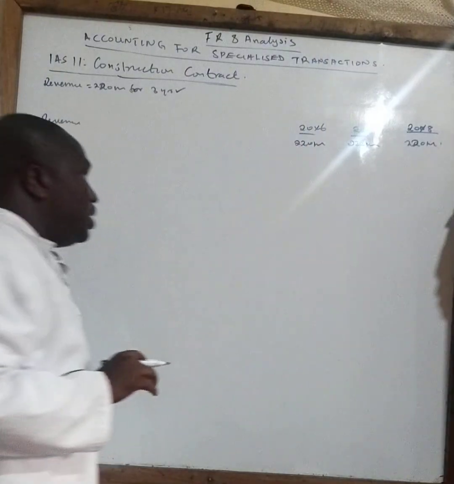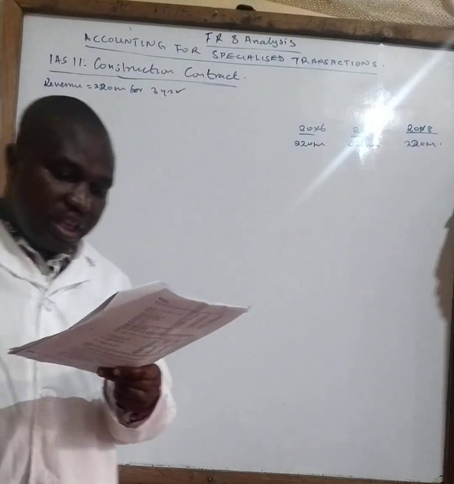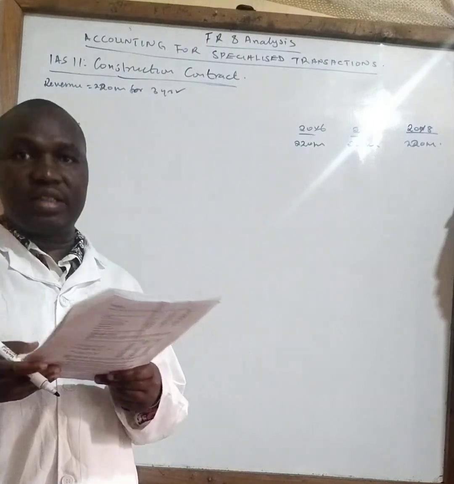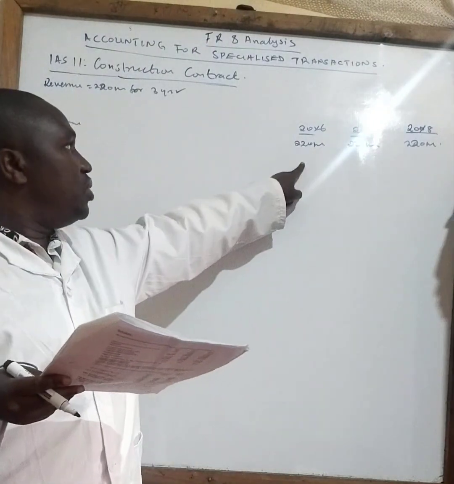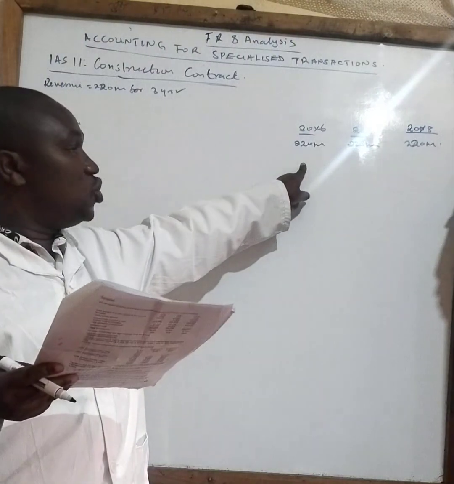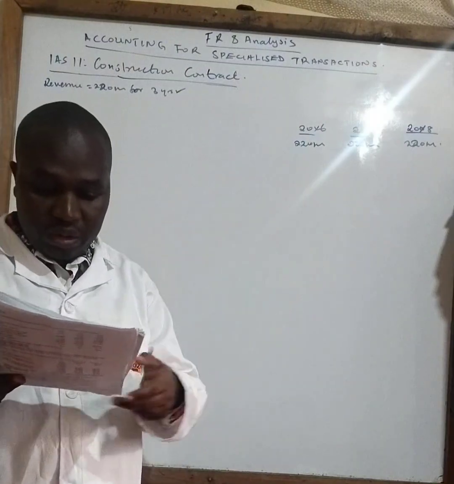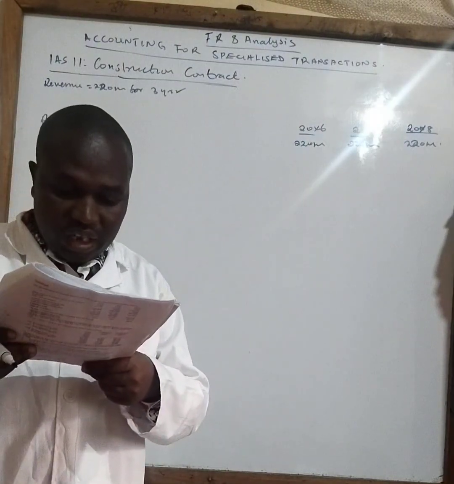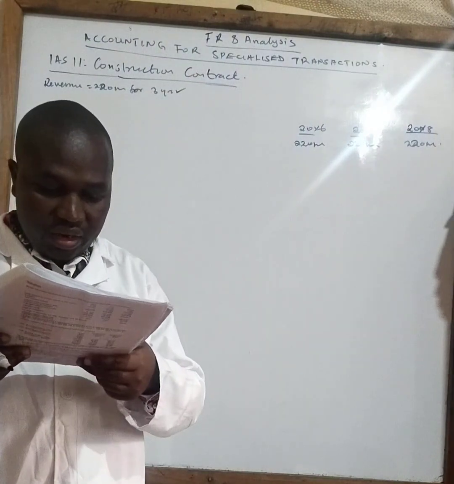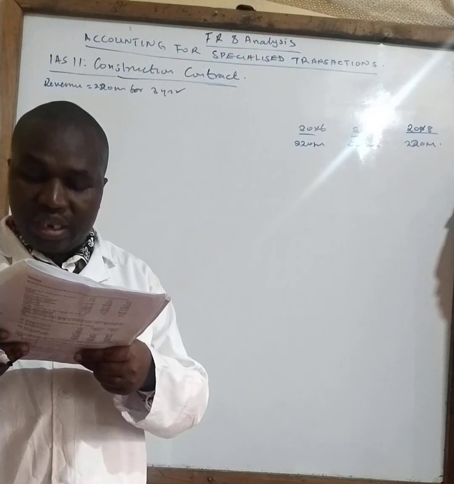You can see the revenue there. Then they are also saying at the beginning of the contract the initial estimate of the total cost is 200,000. But by the end of this year, it would have gone to 202, which means there's an additional variation. Because of that variation, they have added 2 million on top of that. Then they are also saying during the year 2007, the customer agrees to variation which increases estimated revenue.